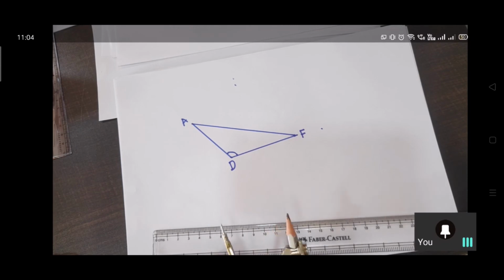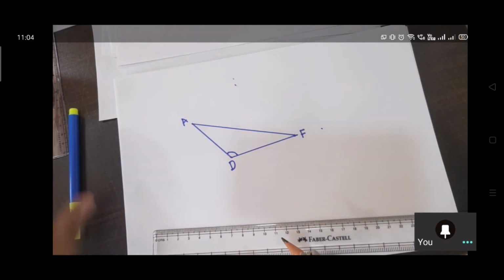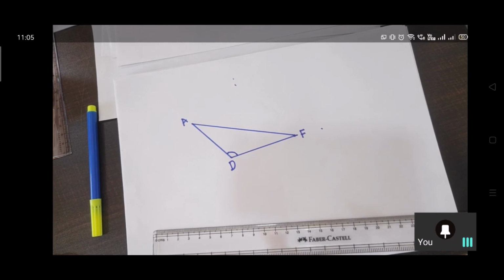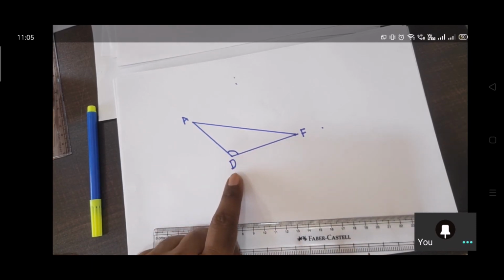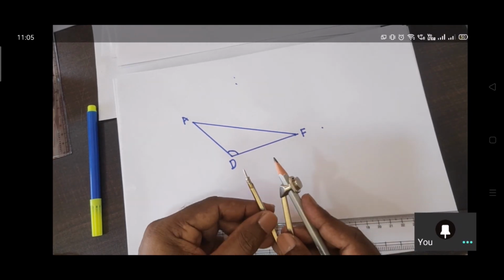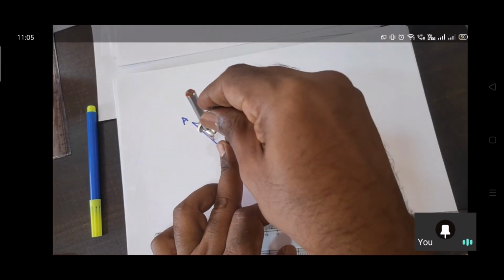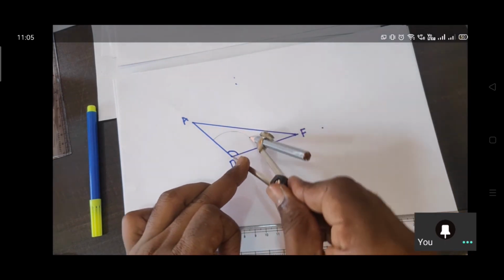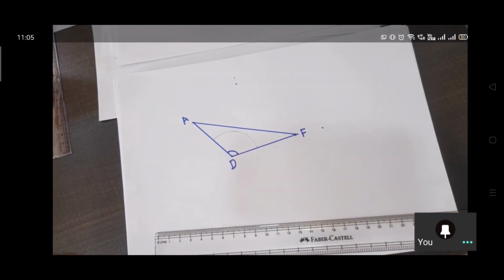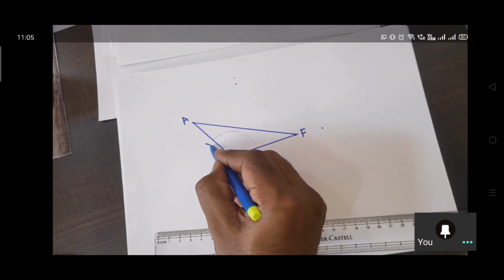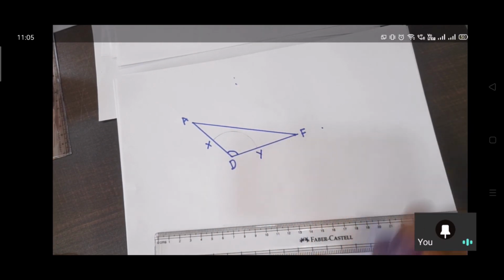Once you have finished, the same procedure we have to follow to construct the angle bisector. First we will do it for D. Pay attention. Afterwards you say that you do not understand. Now you just concentrate here. I said we will draw one arc here, name XY.